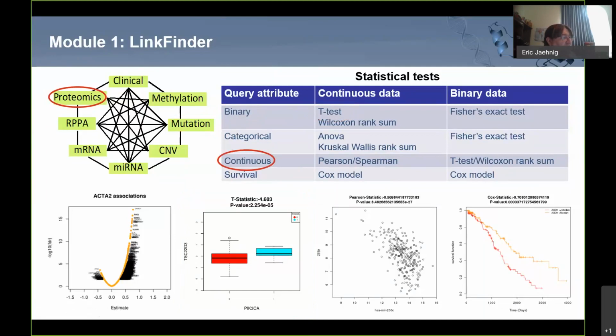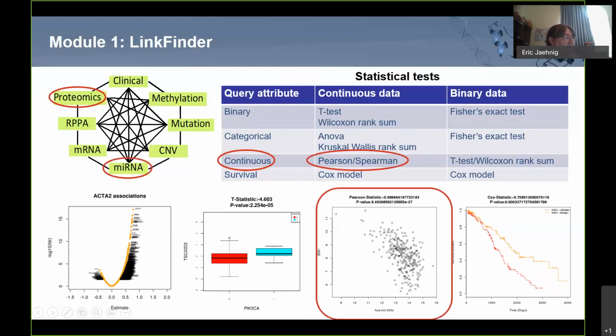If your query attribute is a continuous attribute, such as the expression level of your favorite protein, Link Finder would allow you to perform Pearson or Spearman correlation tests if the target data is continuous, or a t-test or Wilcoxon rank sum test if the target data is binary.